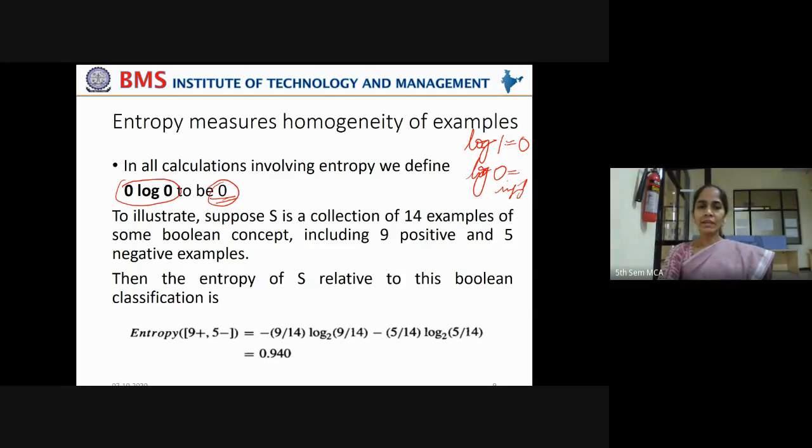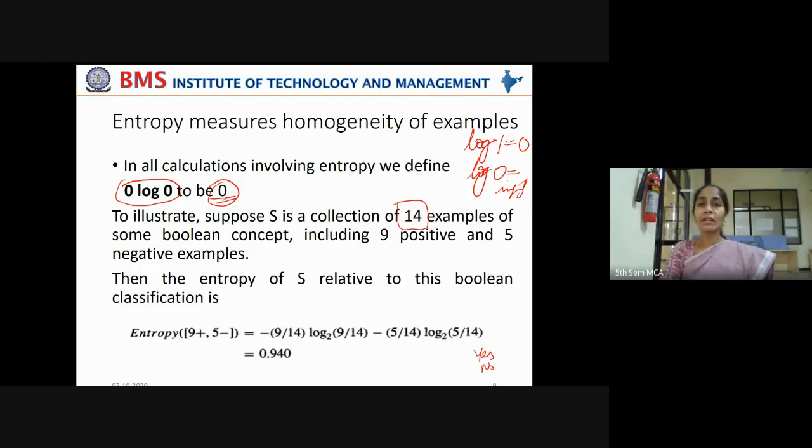Now, to illustrate better, suppose S is a collection of 14 examples of some Boolean concept. Boolean concept means the target values are yes or no, or fraudulent transaction, not fraudulent, or cancerous cell, not cancerous.